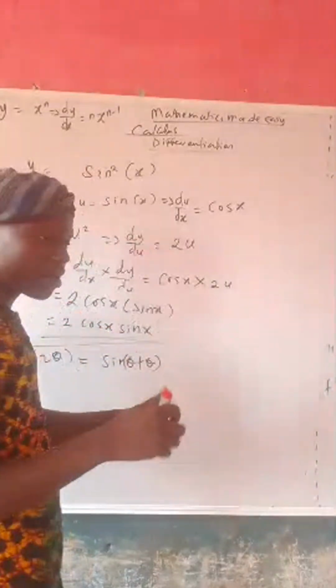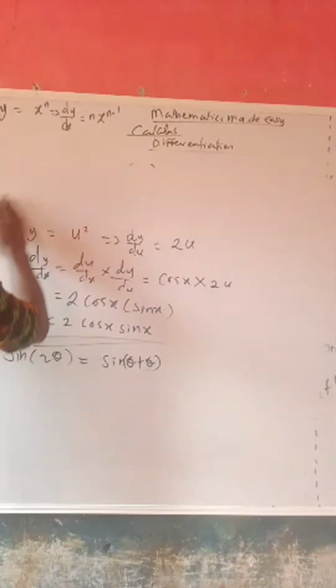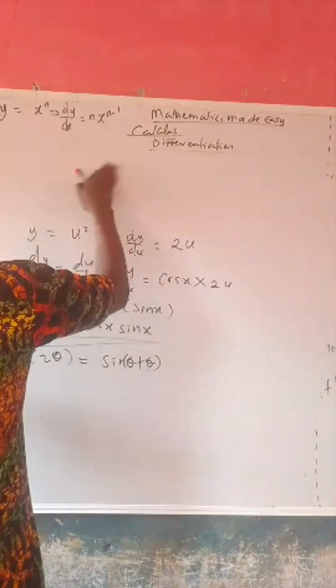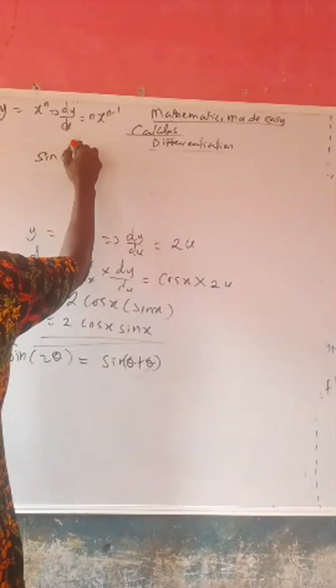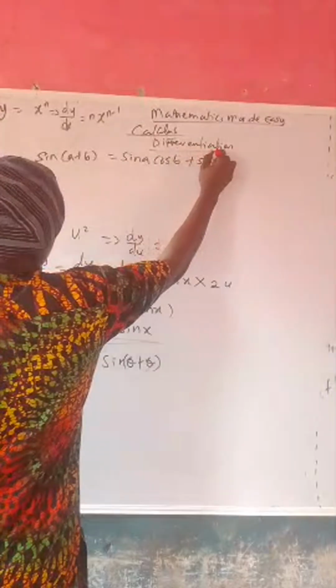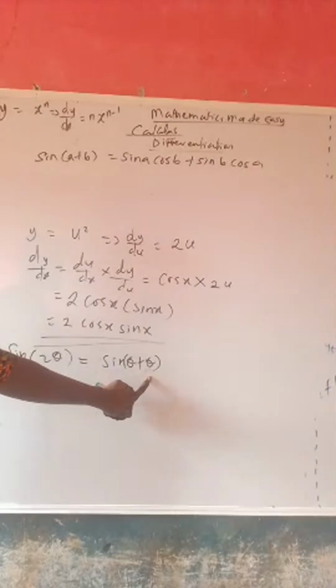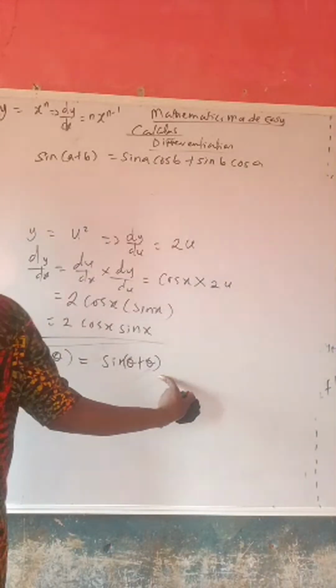And then, if you remember from your trig identity, we know that sine of A plus B will give us sine A cos B plus sine B cos A. Remember that? So for sine of theta plus theta, your A is theta, and at the same time your B is theta.